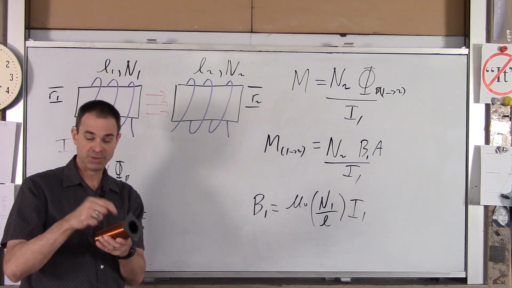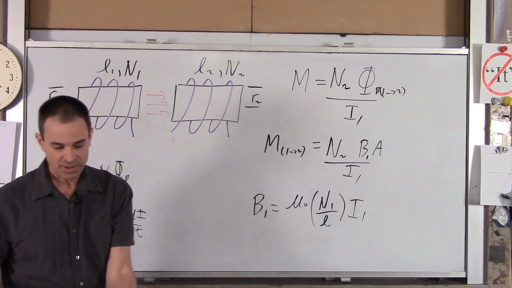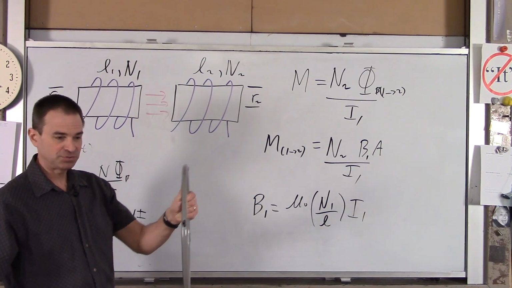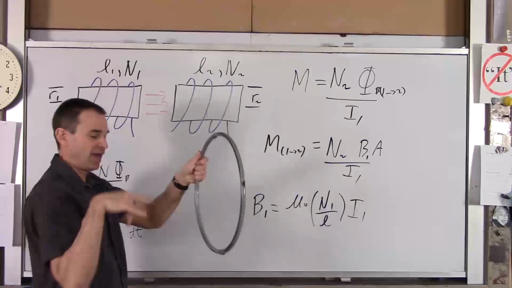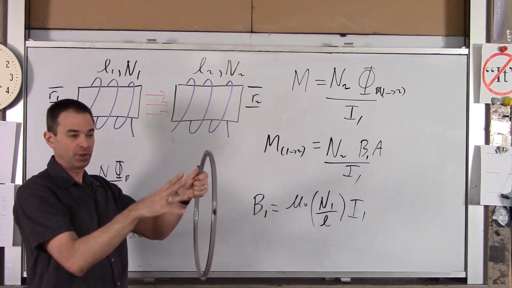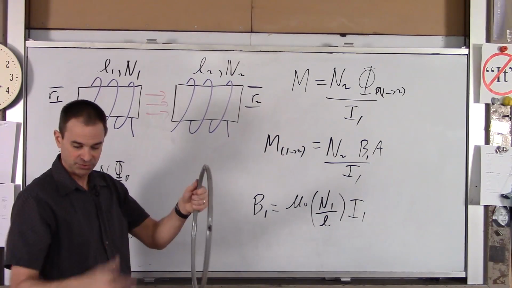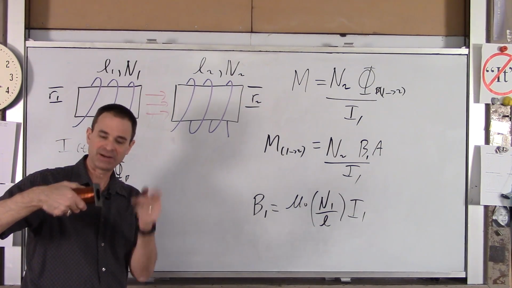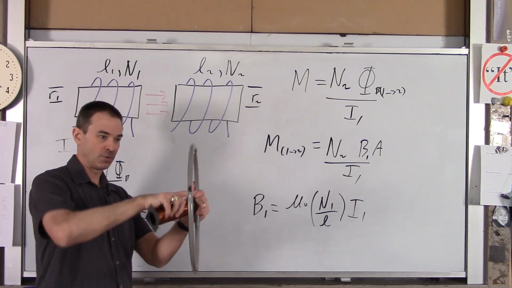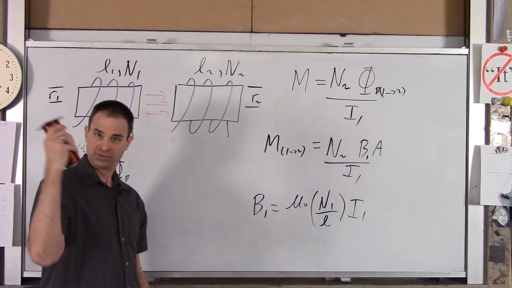Well, that's just B1 times A1. That flux may spread out as it enters here, so B may decrease, but A is increasing, and the total is still going to be this B times this A. However many field lines jump out of here, they're going to go through here if I have them close together. So in that case, you would use this area.